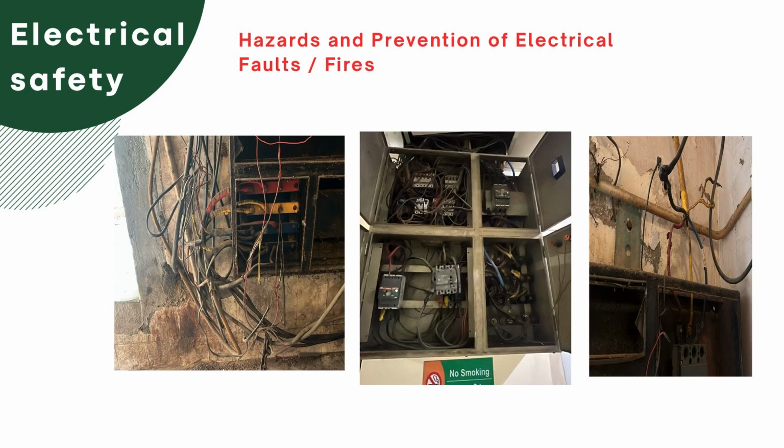Now, here are some of the examples I have taken from my electrical safety audit, where you can see a lot of mess of wires and no proper electrical designing or electrical norms being followed. Here in the first picture, you can see a lot of cables are being connected without any circuit breaker.